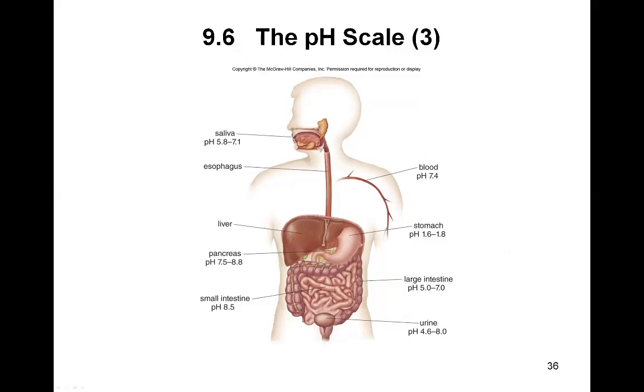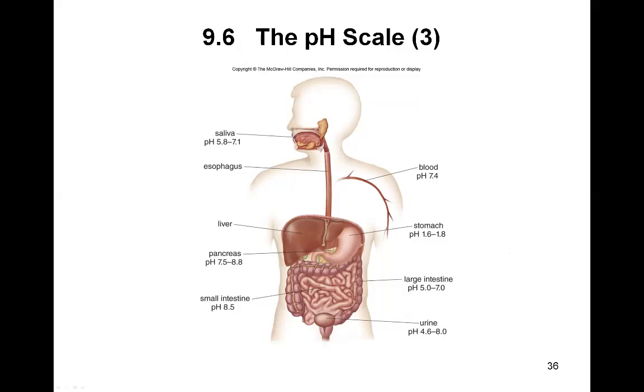Going down into the stomach, the pH will decrease a lot down to 1.6 to 1.8. And that's because we are secreting hydrochloric acid in the stomach. To have a proper digestion, you need an acidic pH in the stomach to start digestion of proteins in particular.